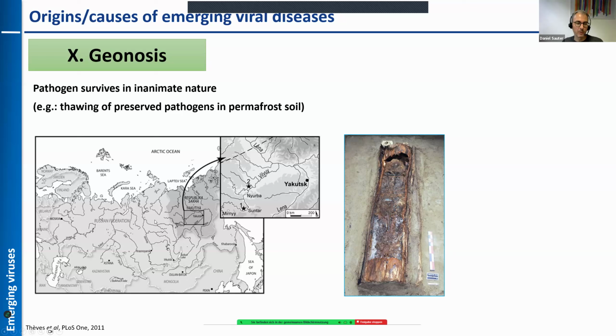Let's say there was an influenza virus circulating decades, hundreds of years ago in Northern Asia, in Siberia, and it may still persist in this permafrost, let's say in burial sites, and with global warming, these burial sites or these viruses may thaw, may defrost, and they may still be infectious, hypothetically. This has not happened yet, so there's no example of an emerging virus from this permafrost soil, but hypothetically this is possible.